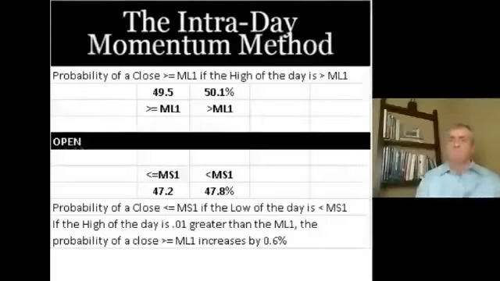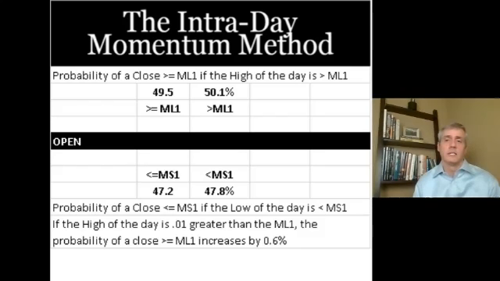So for the probability of a close at or above the ML1, I took the data and said, what if we get a high of the day that's just 1 cent higher than the ML1, and we get a low of the day that is 1 cent lower than the MS1? Does that increase the chance that we get a close at or above that level? And as you can see here, it was 0.6% of the time.